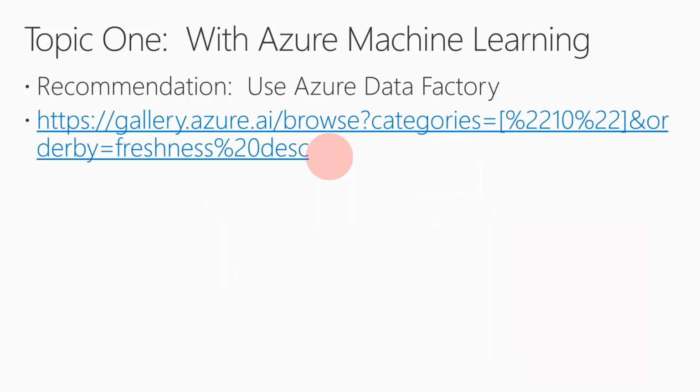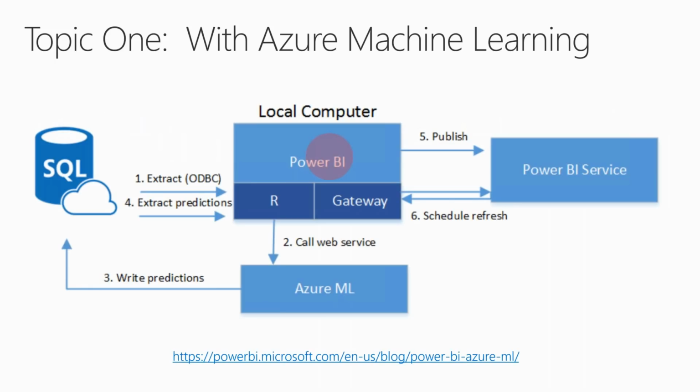The reason is because if you go back to this architecture, the whole setup here is dependent on something running on someone's local computer. So you would not want to be doing this on a regular basis for a production system. You would want Power BI desktop really to be on the side, and then you would want the orchestration to be done with Azure Data Factory.